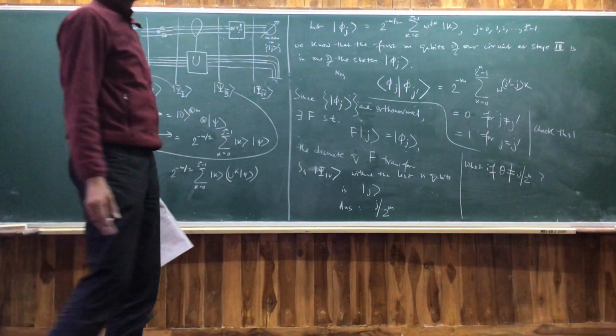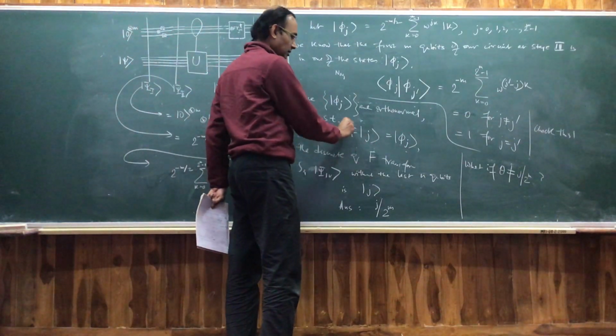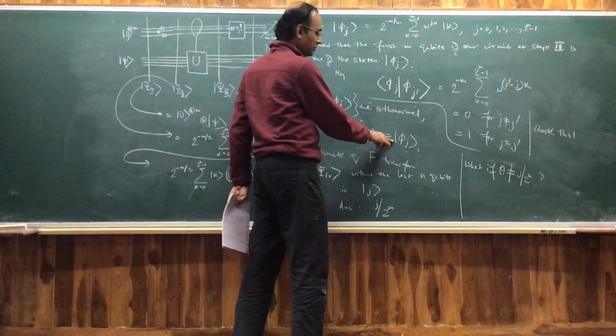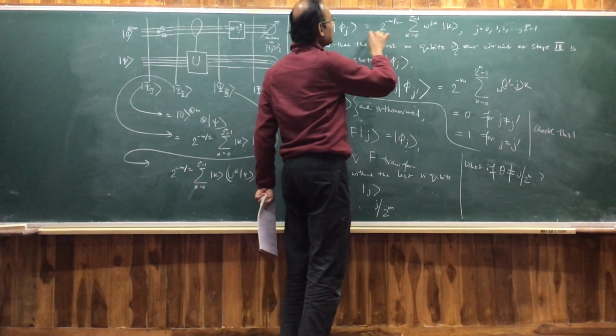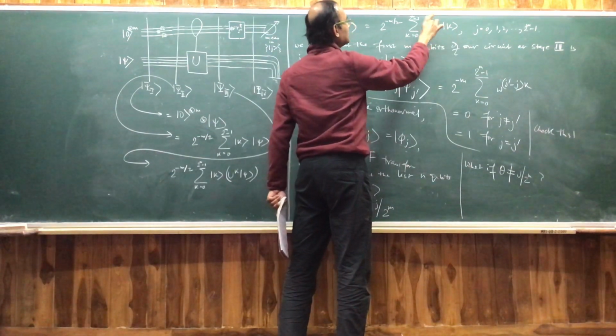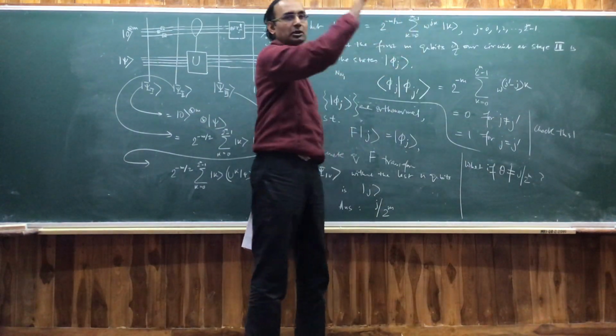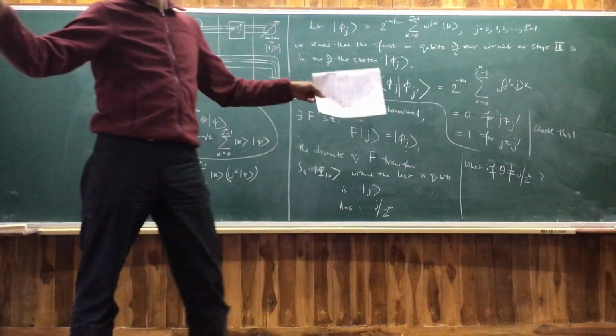It depends on which basis you are writing. Suppose you are writing in the j basis, so you take a j prime on this side, so you'll have a j prime here, and these are all orthonormal, so you will have these along with these. This you can keep outside, so you will have a lot of omegas throughout.